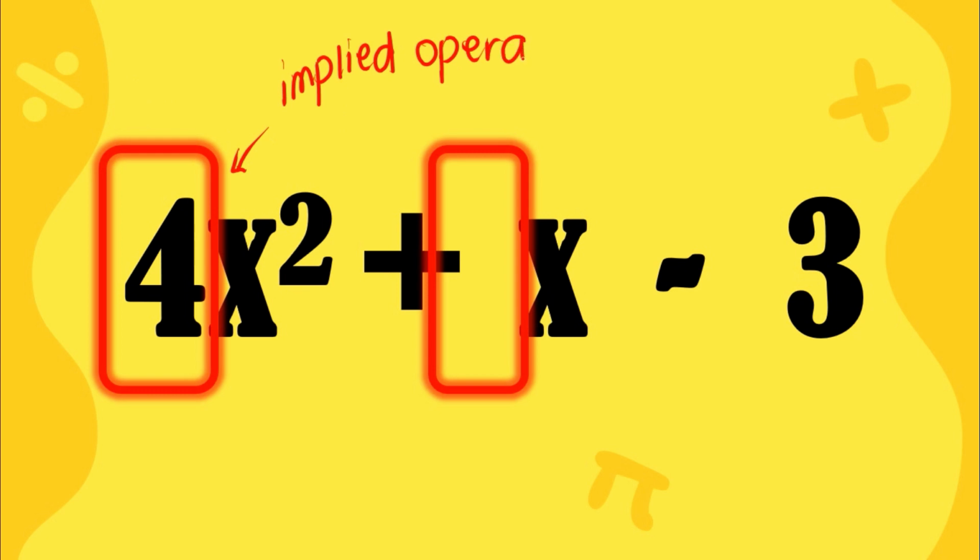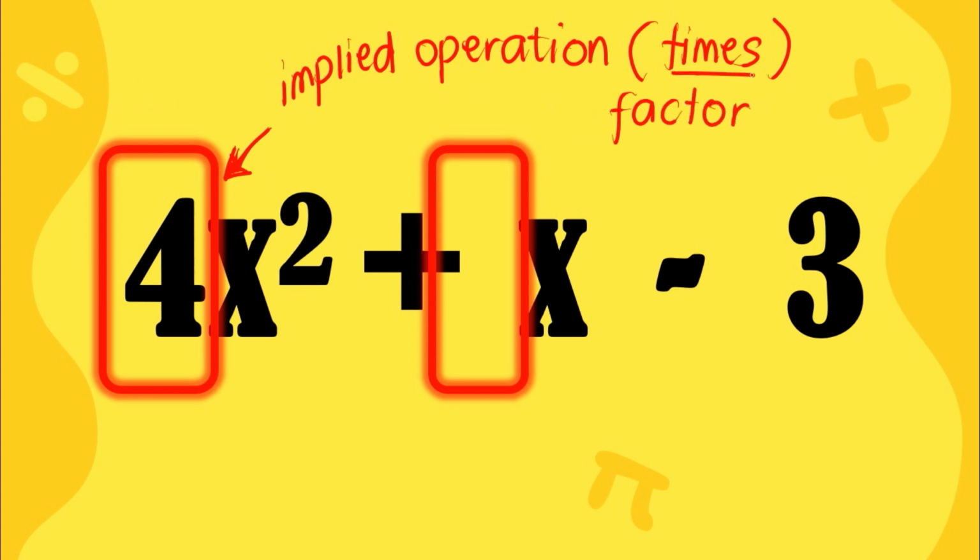And ano yung implied operation there? That is times. Yun yung implied operation there. Tatandaan nyo lagi. There is an implied operation there. Okay? In between 4 and x. And if that is the case, therefore, 4 is a factor. Kumbaga parang gumamit lang ng malalim na salita. Basta times factor yun, ha? Okay? So, therefore, 4 is a numerical coefficient.